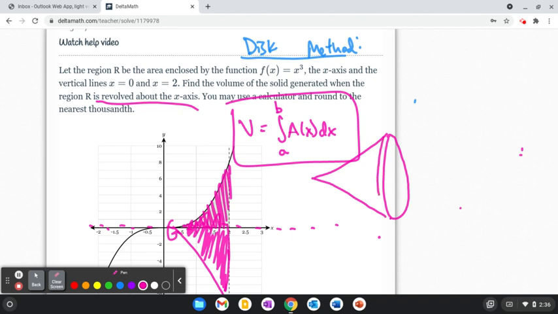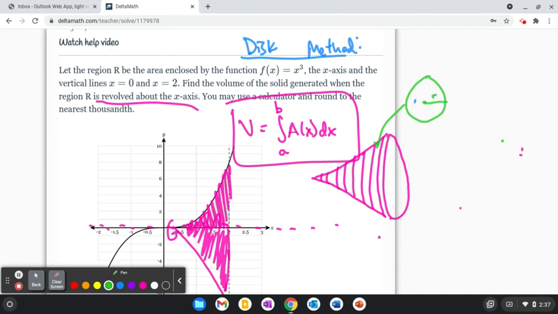And with this, I'm just going to chop this thing into an infinite amount of disks. So if I were to pull out any one of these cross sections, if I were to just reach in here and grab one of those out, it would just be a circle. Each one of those little cross sections would be a circle with a radius of what we'll just call r.